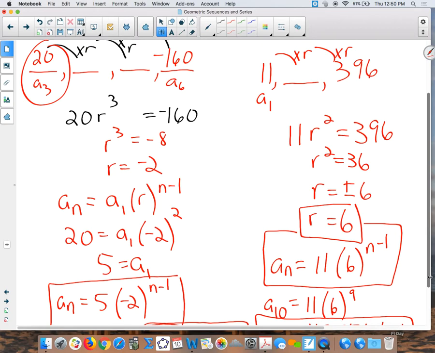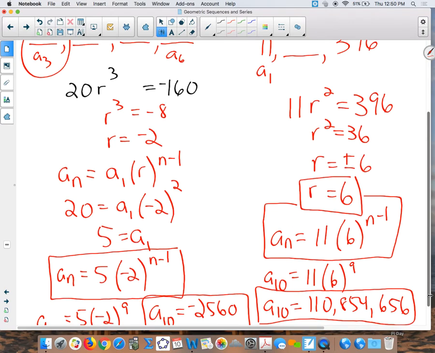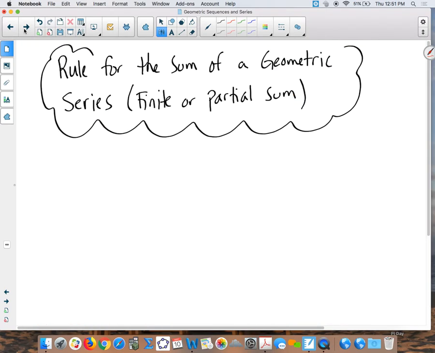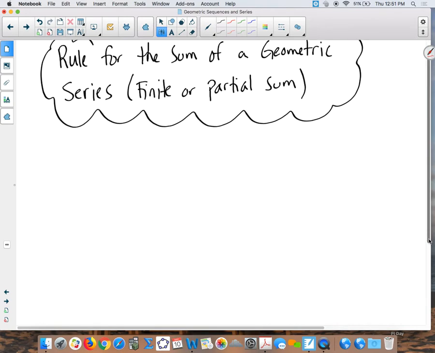Okay. All right. So let's move on here, away from just looking at sequences, and let's look at a series. Just like arithmetic, a series is going to just be the sum of a geometric sequence. And again, we're going to be looking here at either a finite geometric sequence or a partial sum.